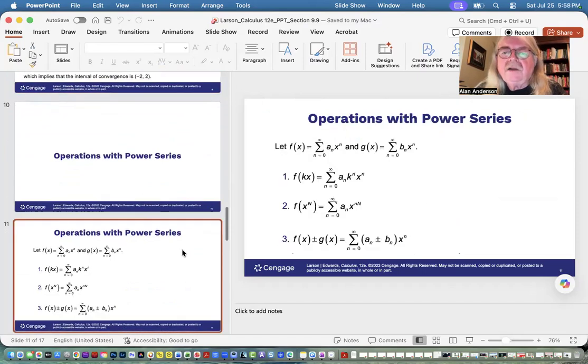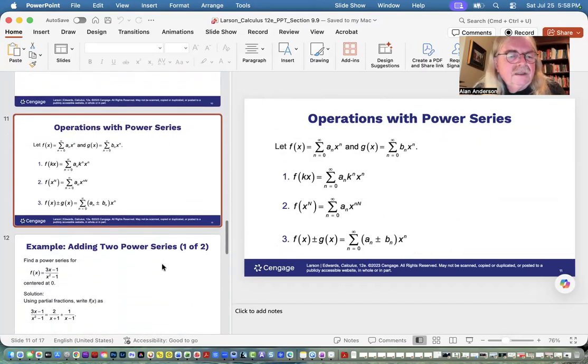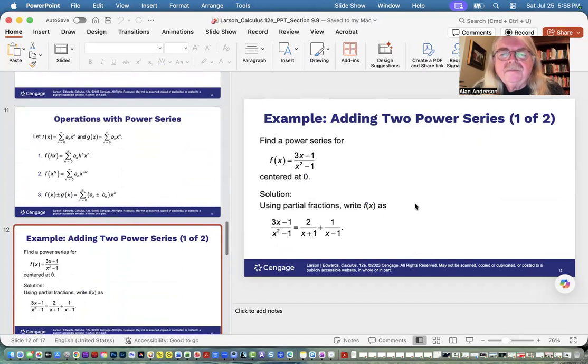Now, algebraically, we can treat these in a very straightforward way. You can, for example, multiply the whole thing by a constant. You can add them together. You can subtract. Now, here they decided to pick a very messy example where they want us to break it up into two terms with partial fractions.